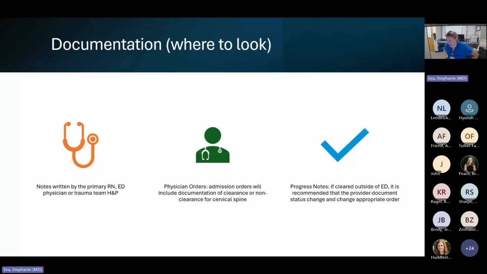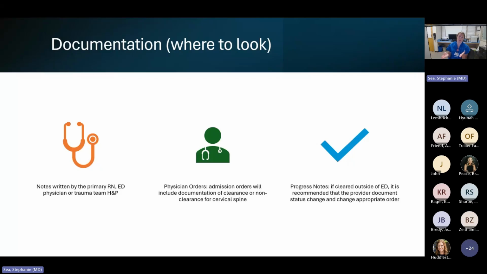The trauma team, in our actual H&P, it's often embedded in the vast majority of our notes, like a cervical spine blurb or physical exam section. So that will tell you that everything has been cleared. And I believe the ED physician probably also has a section in their notes where this may become apparent.